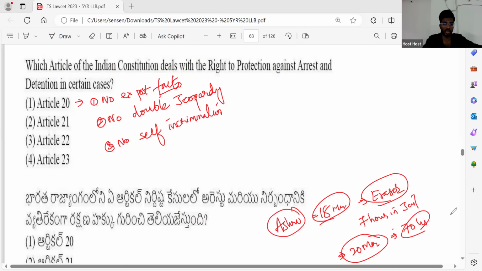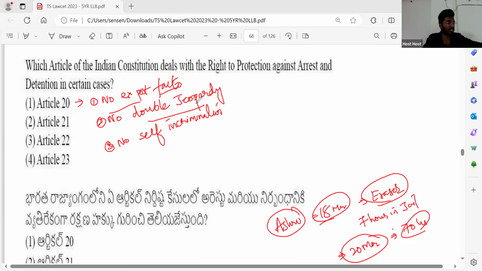Now, what do you think Ashrita will be liable for? 7 hours punishment or 70 hours punishment? Why? Because at the time of commission of the offense, what is the punishment? 7 hours. So that only will be applicable. After the fact, that is after committing the offense, whatever is given is not applicable. That is known as no ex post facto.